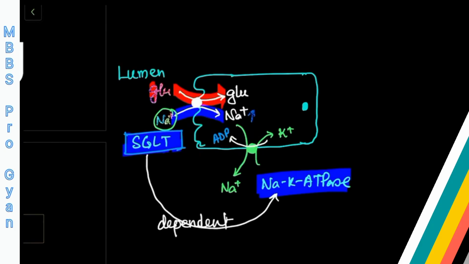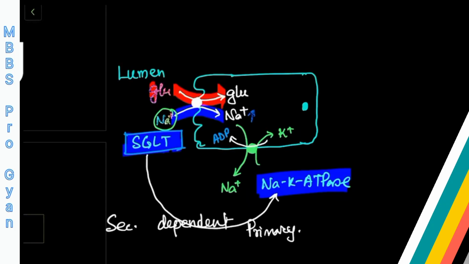Getting my point? So always remember, the secondary active transporter is always dependent on the primary active transporter. If you block this primary active transporter, the sodium potassium ATPase pump, your glucose absorption from lumen to cell will be prevented, because SGLT is dependent on the sodium potassium ATPase pump.